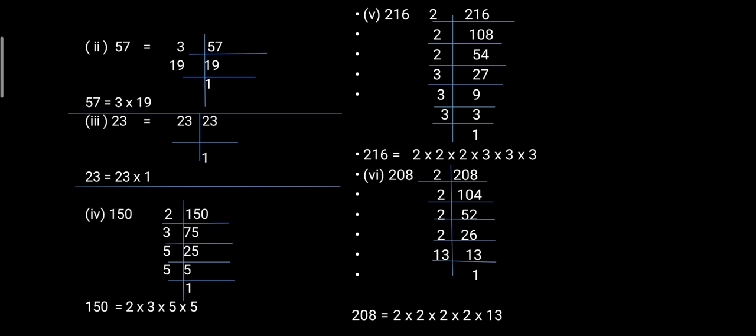The answer for 216 is 2 into 2 into 2 into 3 into 3 into 3.